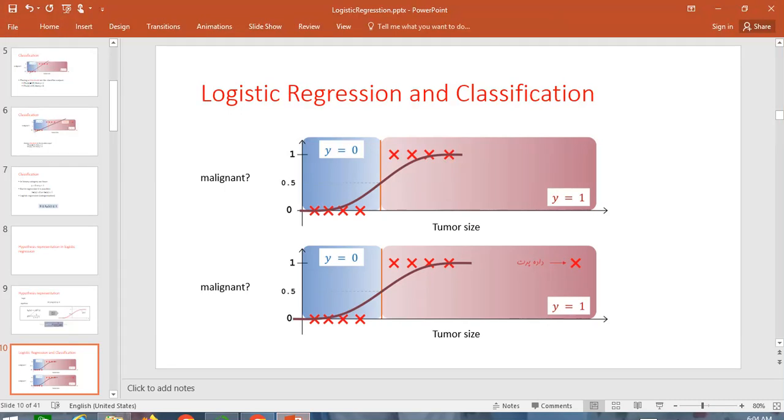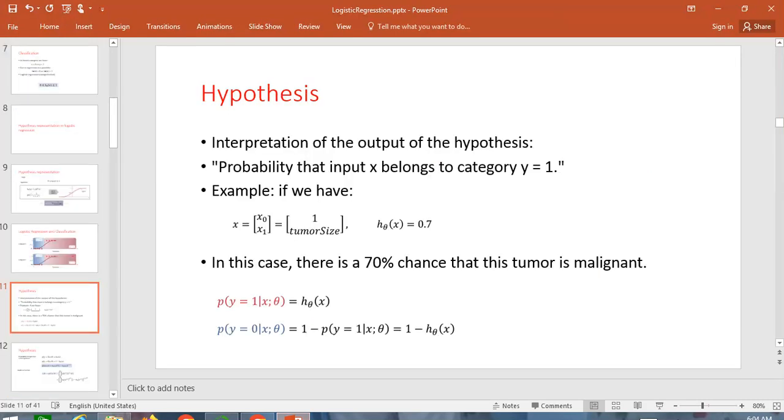Now, since the output is always between 0 and 1, I can think of this as an interpretation of probability. For example, when the output of the hypothetical sigmoid function is 0.7, we can interpret this number as a 70% probability that this new tumor is, for example, 70% malignant and 30% benign.